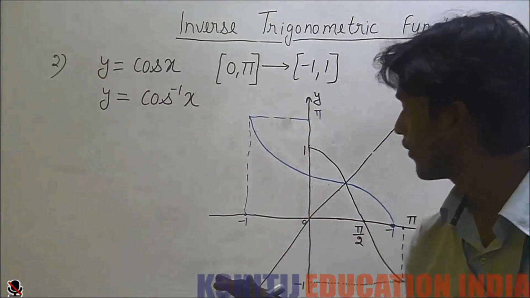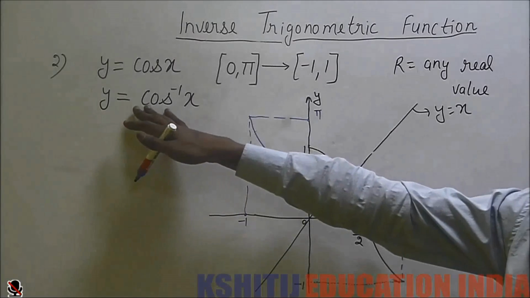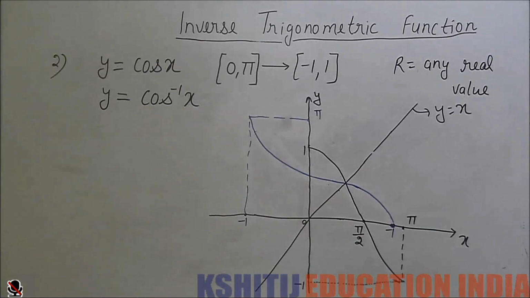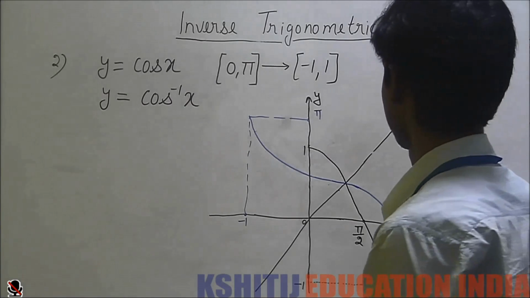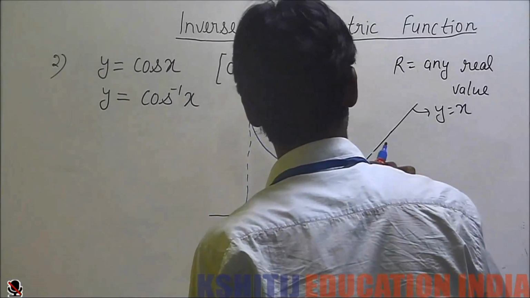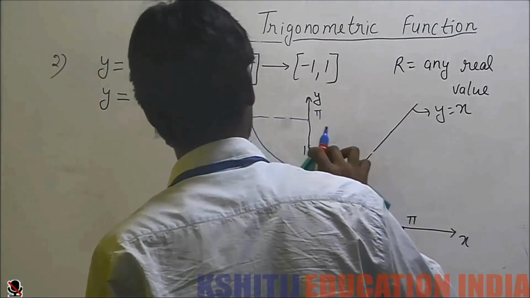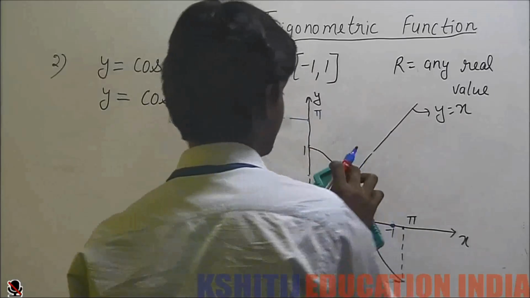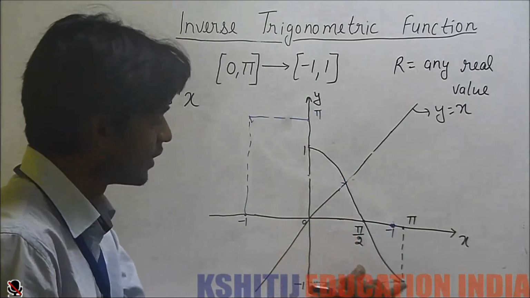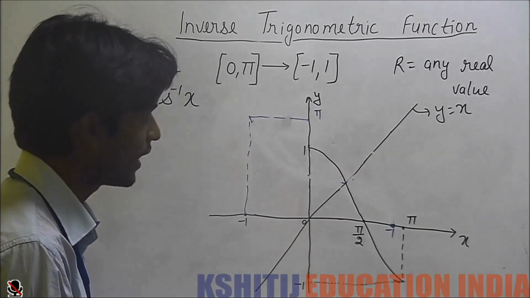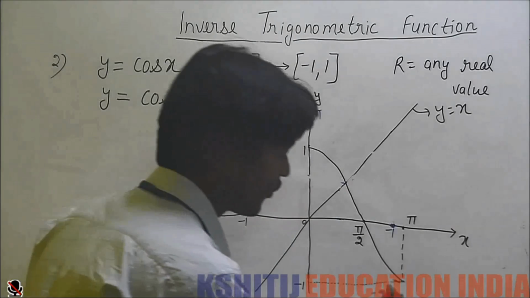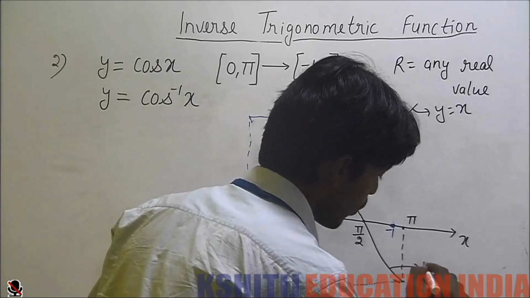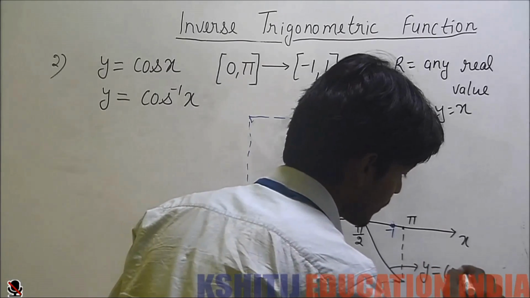We have a graphical representation of the term cos inverse x by simply taking the graph of cos of x and then a mirror image, or symmetry, of y is equal to cos of x.